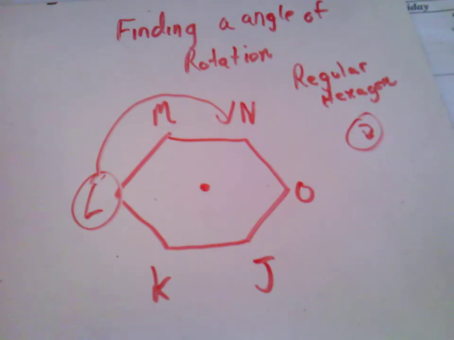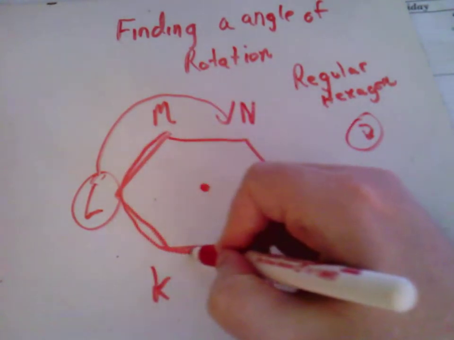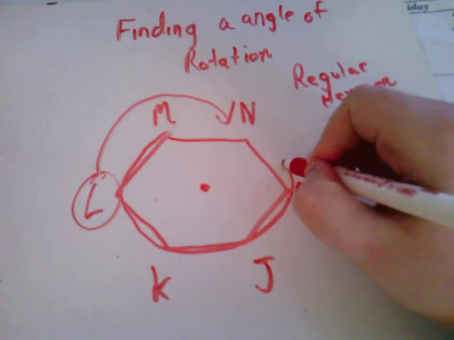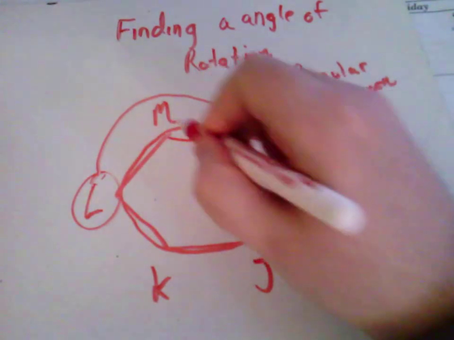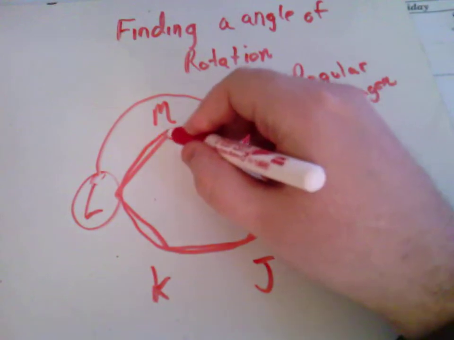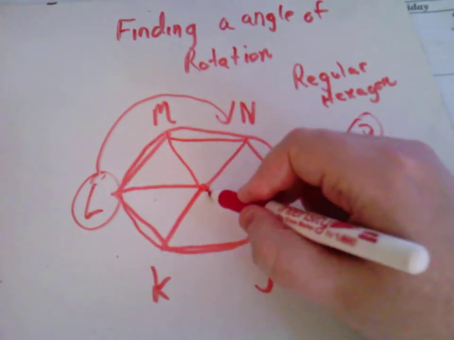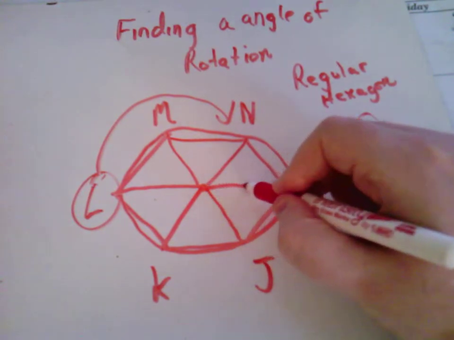All right. Well, first, let's just imagine that we have a circle. This polygon is inscribed in a circle, and this circle has a radius to each of these vertexes here. Radius means that all of these distances are the same.